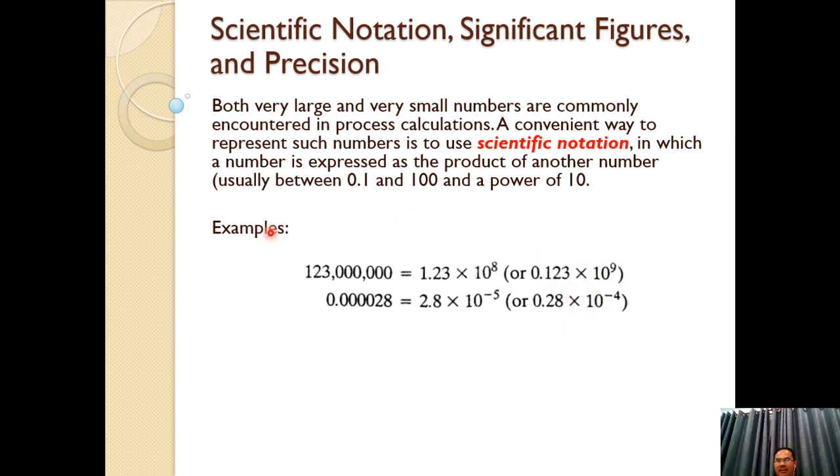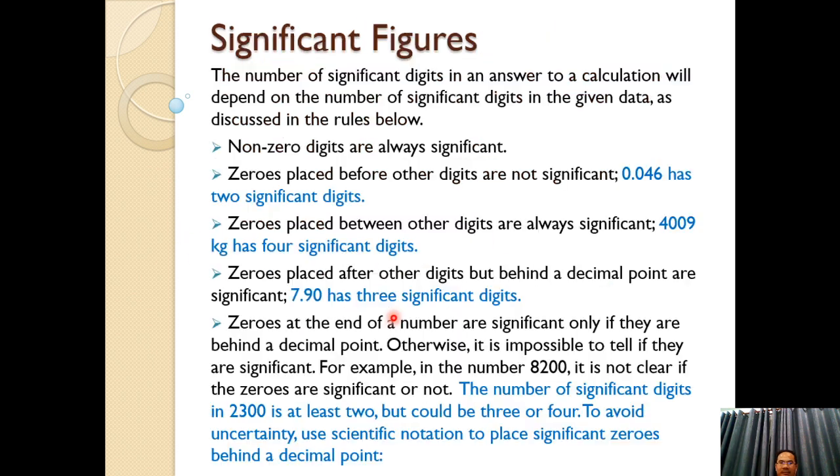It is easier. Also 0.00028, in engineering notation, you can report as 2.8 multiplied by 10 to the power minus 5, or 0.28 multiplied by 10 to the power minus 4. For engineering notation, we shorten the number.